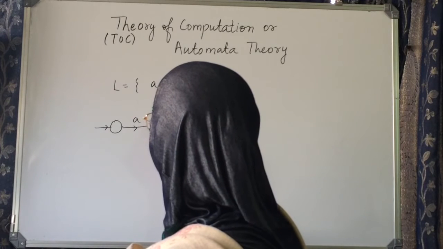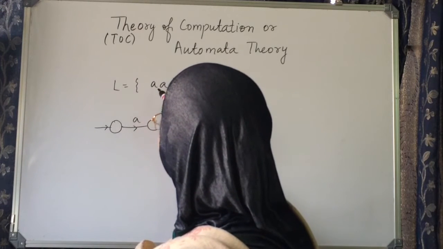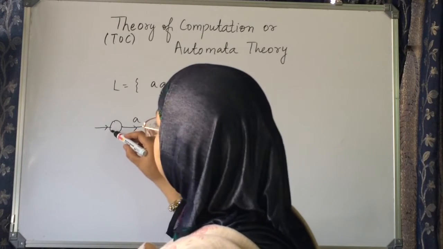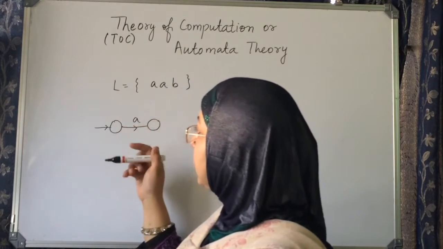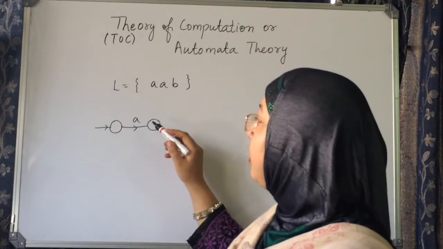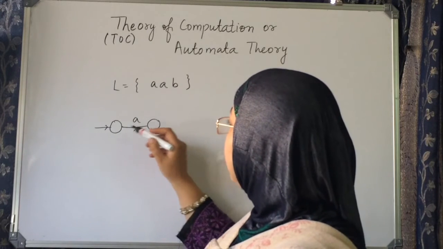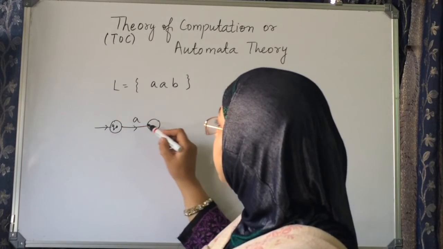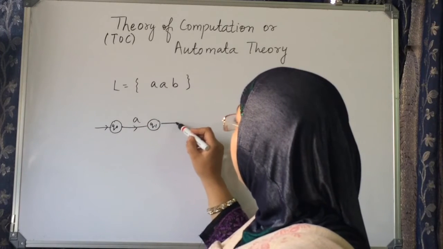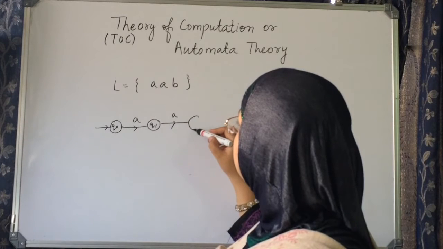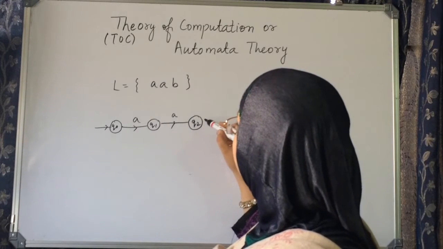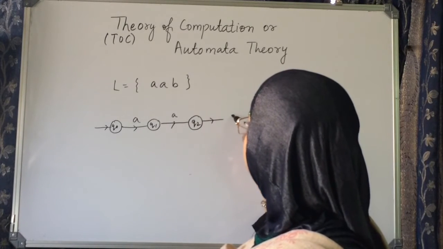So there should be one initial state, and on scanning input symbol A, it goes to another state. Suppose this is Q0, this is Q1, this goes to another state Q2, and this is another state Q3.